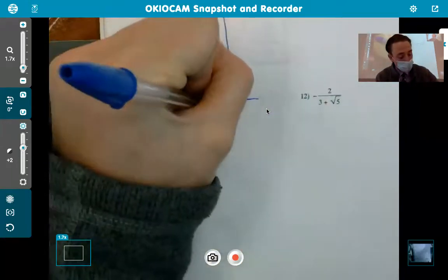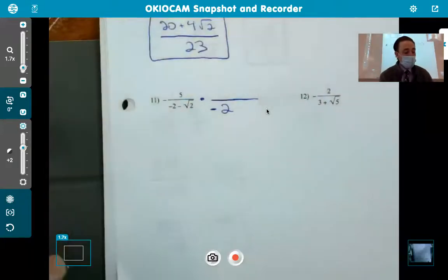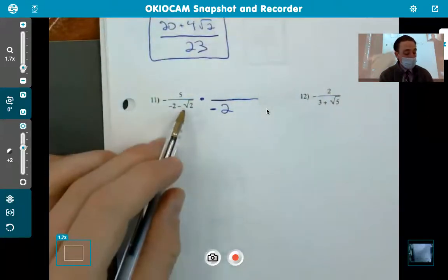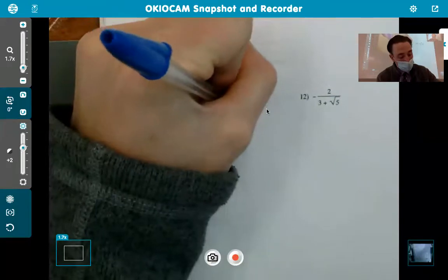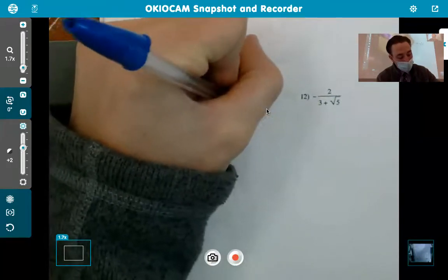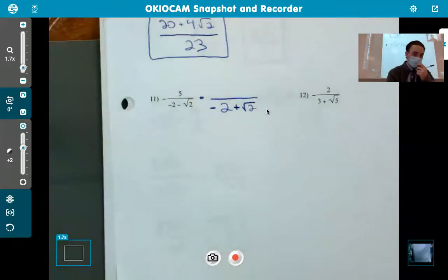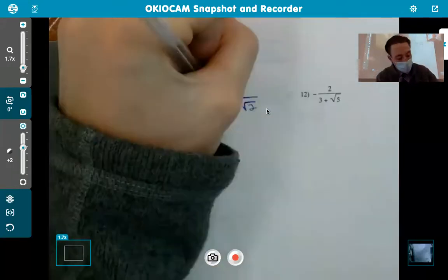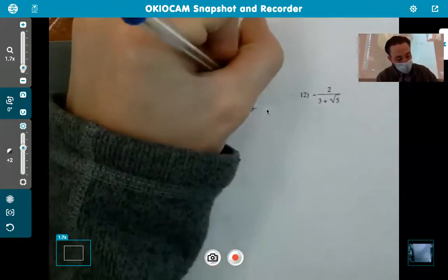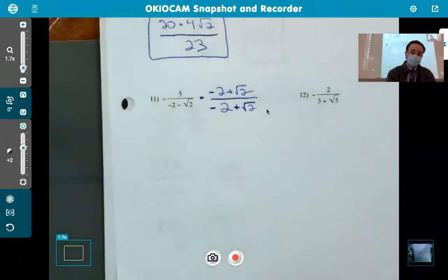That's why I'm emphasizing that point. This is still going to be negative 2. But instead of minus root 2, I'm going to have plus root 2. And I do that in my numerator and denominator. All right. So be careful just to change the sign in between.